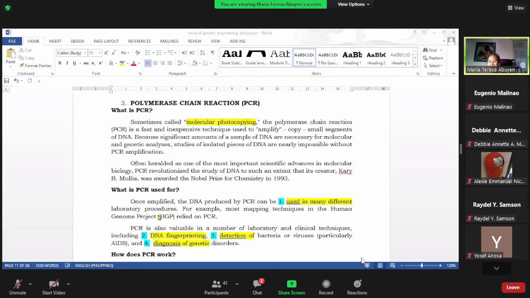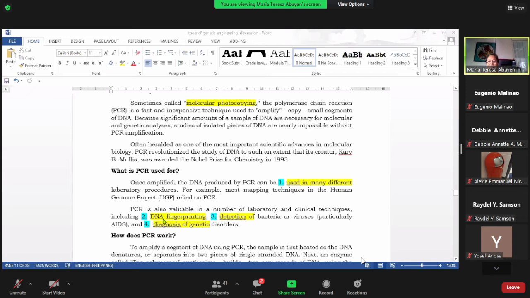For example, if we are studying a certain disease, or identifying whether you are positive for a certain virus, the sample must be amplified. It is multiplied through PCR. So the amplified DNA can be used in laboratory procedures.